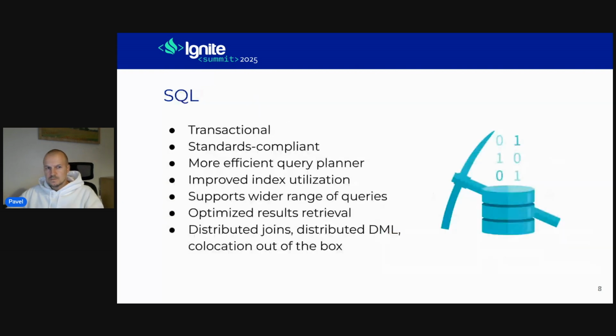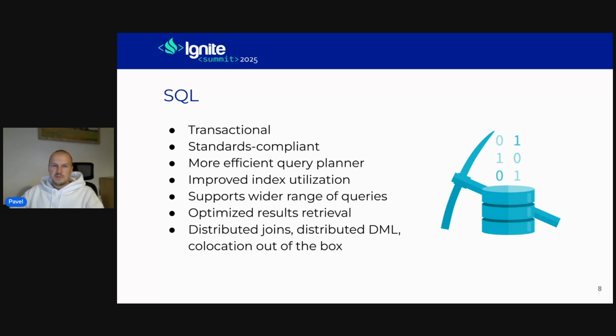SQL. SQL now is fully transactional. It is standards compliant. It has a more efficient planner and improved index utilization. It can use multiple indexes for a single query. It supports a wider range of queries, not limited by one MapReduce step as before. And we have optimized the results retrieval.